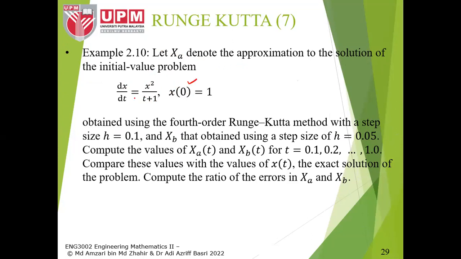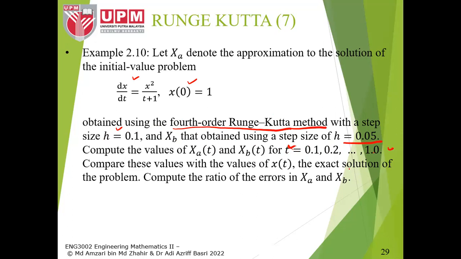This is your initial value, and this is your function. You need to obtain it using the ordinary Runge Kutta. Just now it was the Euler method. With h as 0.1 for the first step function xa, the second step function xb is 0.05, and compute for t from 0.1 until 1.0.